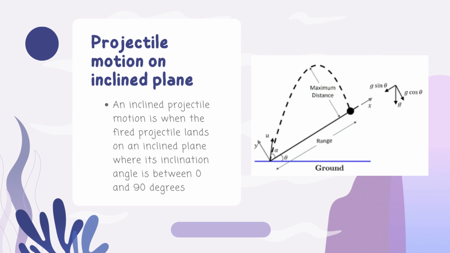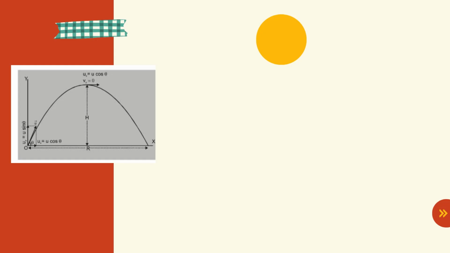Projectile motion on an inclined plane is when the fired projectile lands on an inclined plane where its inclination angle is between 0 and 90 degrees.